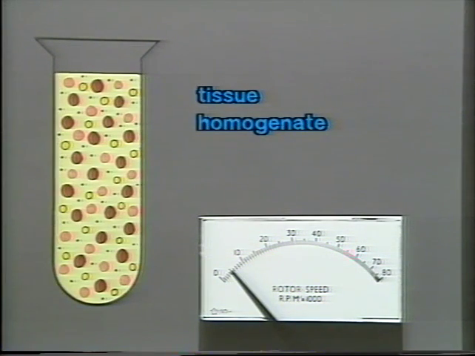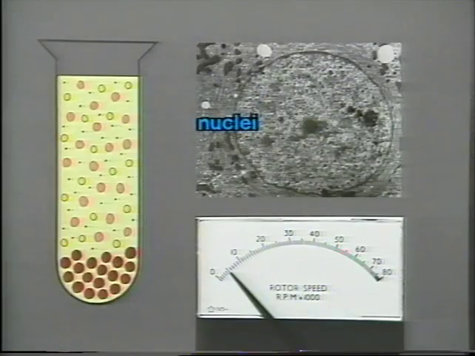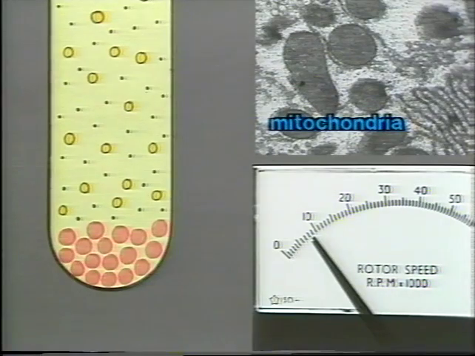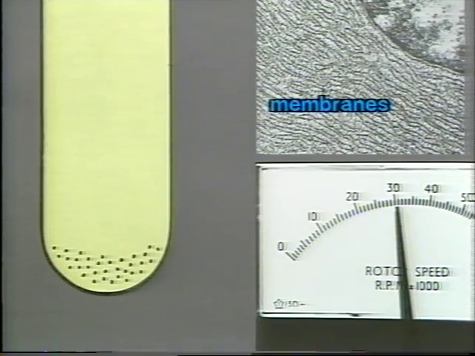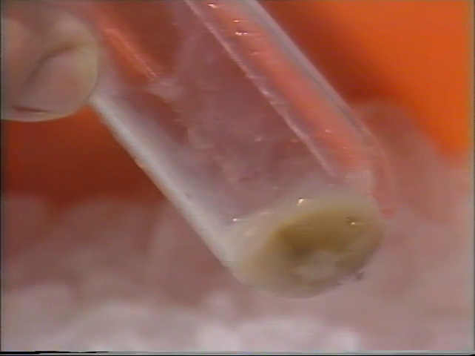So, starting with the tissue homogenate, first the nuclei are pulled down, then the mitochondria, then the lysosomes, and finally the cell membranes. The pellet formed by the mitochondria is cream-coloured and gelatinous, and almost certainly it won't be completely pure.